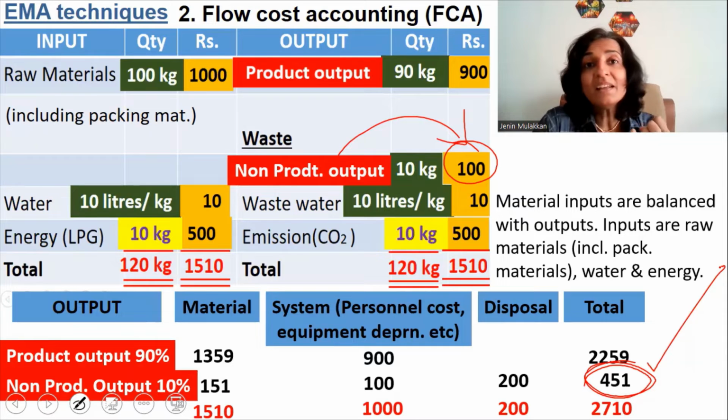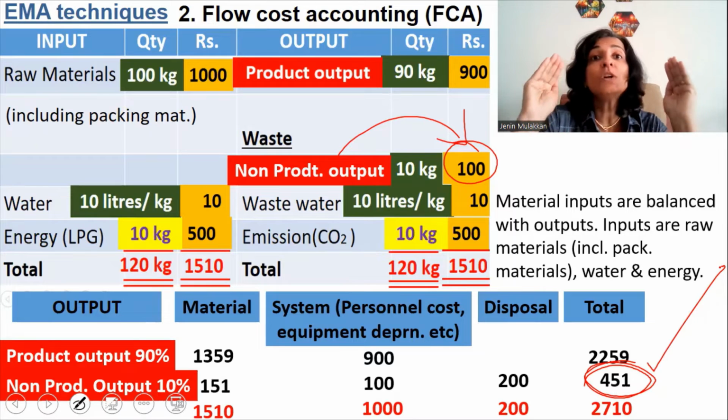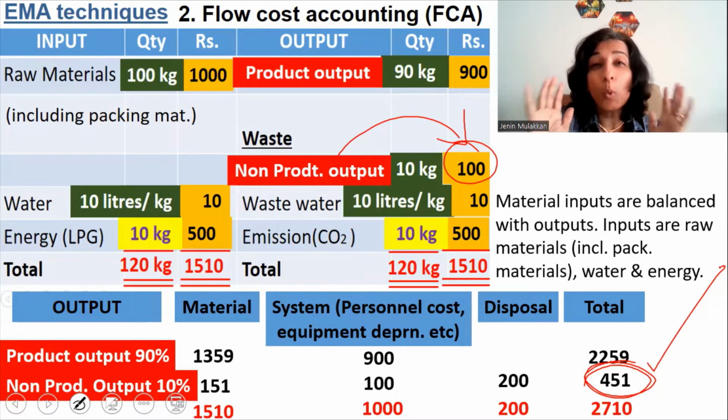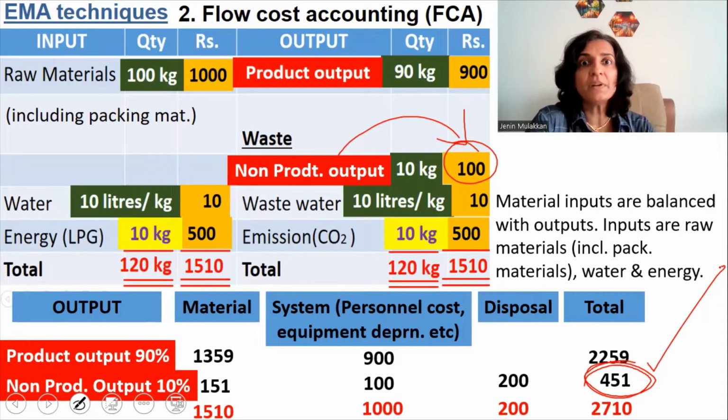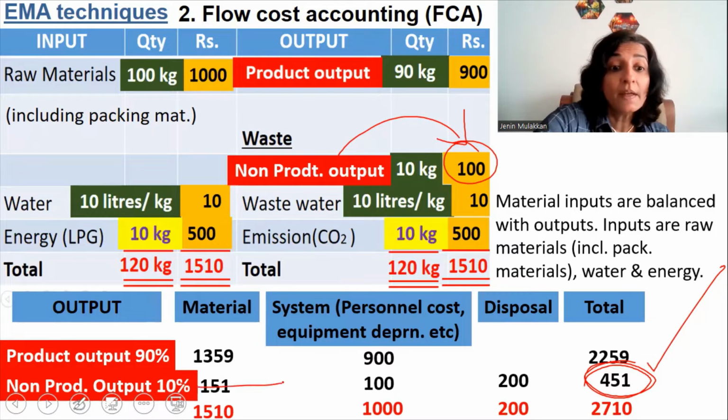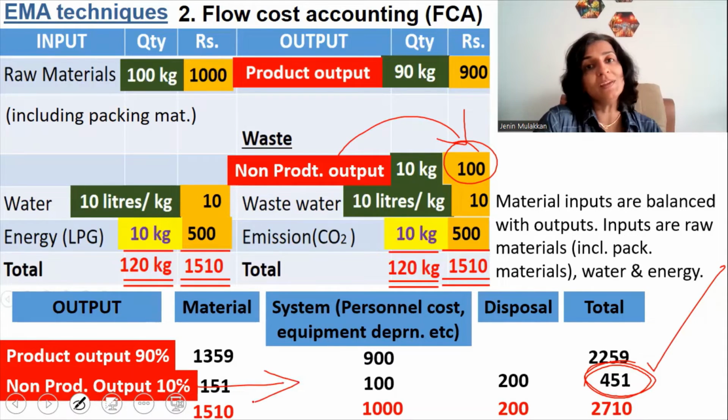So it is not only the material cost that should be associated with the non-product output, all the manufacturing cost and the associated waste disposal cost should also be added to the material cost to find out the total cost of producing the waste or the non-product output. Definitely, it was an eye-opener for the companies, and they started thinking about the ways and means in which the non-product output could be reduced.